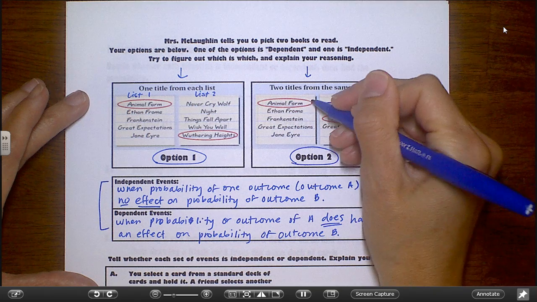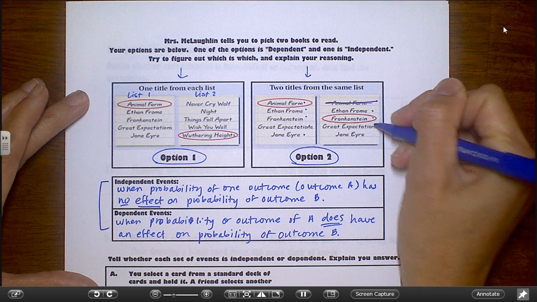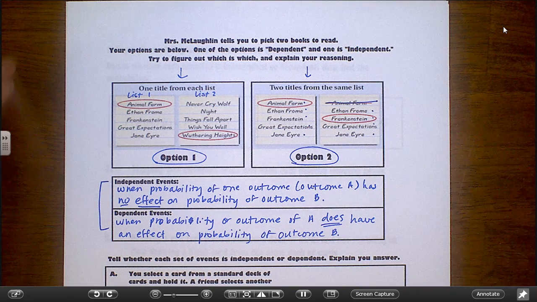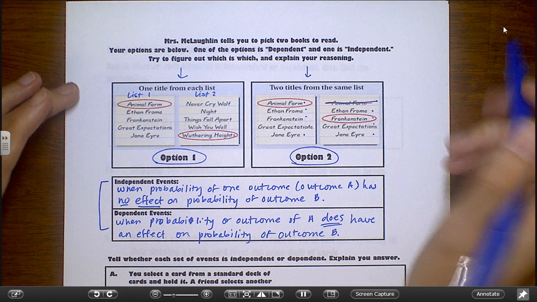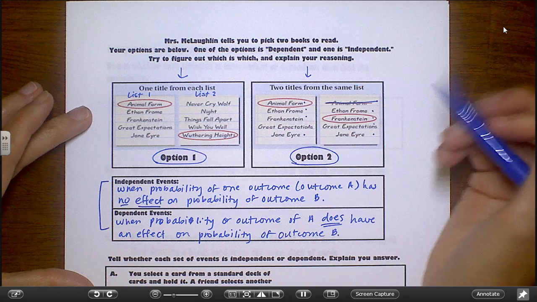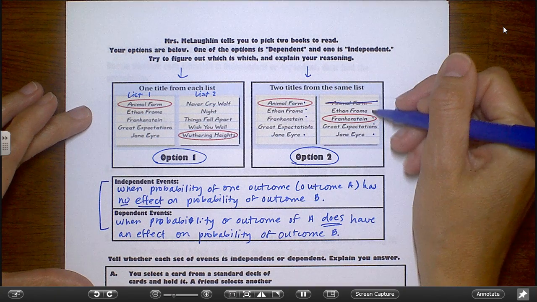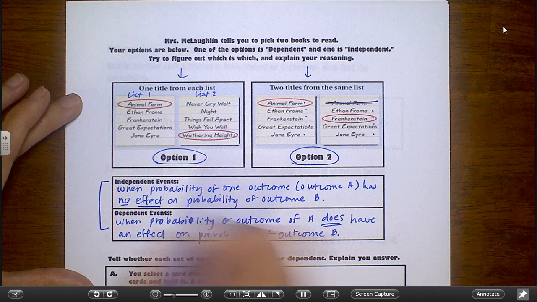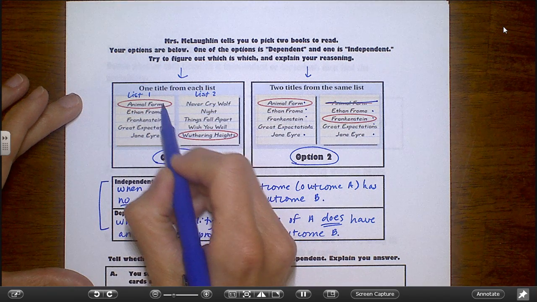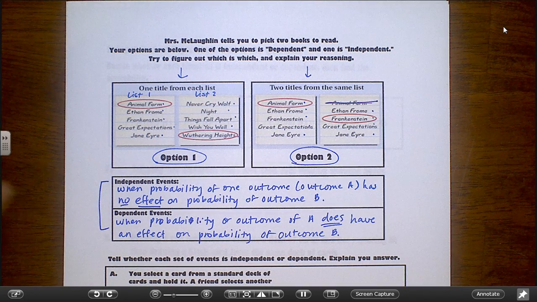So now I had 1, 2, 3, 4, 5 choices in the first one, but now I only have 1, 2, 3, 4. So your denominators here have changed, right? So if I have to pick 2 titles from the same list, I have like a 1 in 5 chance here picking Animal Farm, and I have a 1 in 4 picking Frankenstein. Whereas from this list, I have 5 choices here, and I still have 5 choices over here. So my items changed, my denominator did not change.